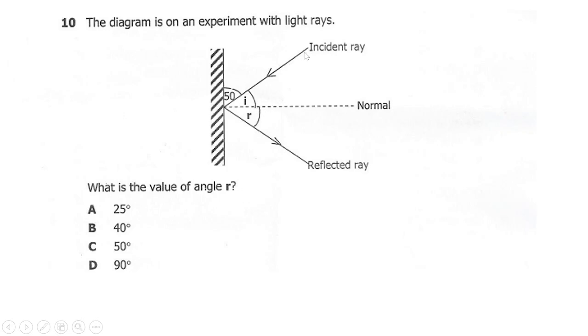But we have only been told part of it, that it is 50. What should we add to 50 to get the whole part to 90? That is 40. So this angle is 40, and if this is 40, this is also 40, according to the law of reflection, which says the angle of incidence is equal to the angle of reflection. So the value of angle R is 40, which is B.